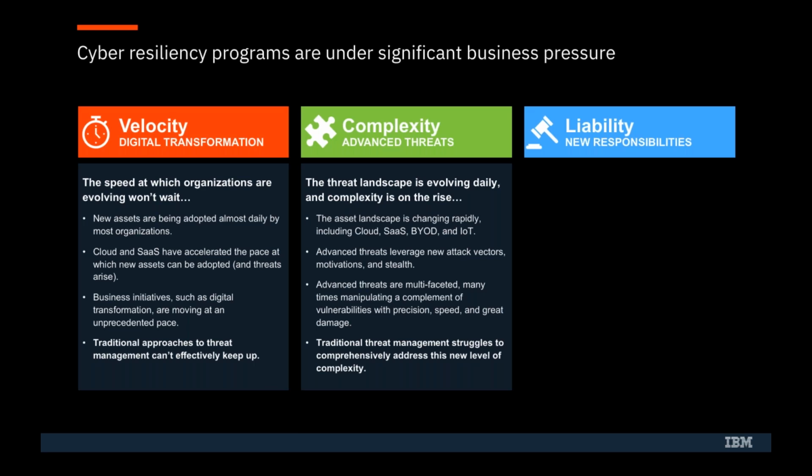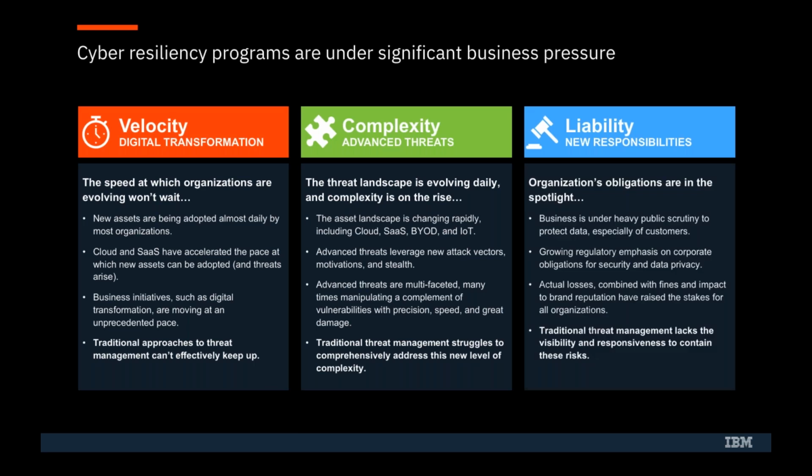Second is the complexity of these advanced threats. As I've alluded to, the threats that are out there are evolving rapidly. The complexity of them is growing, and the environment that we're operating in is changing as well. And so the traditional systems that have been put in place just aren't keeping up with the complexity of these new threats that are out there.